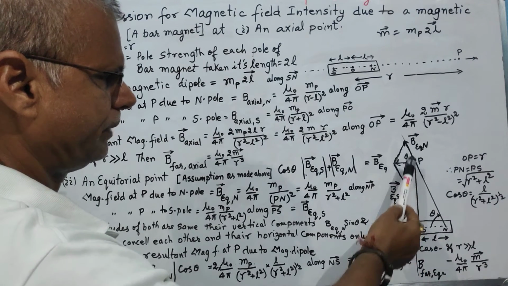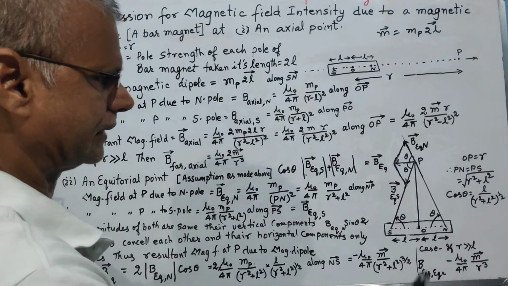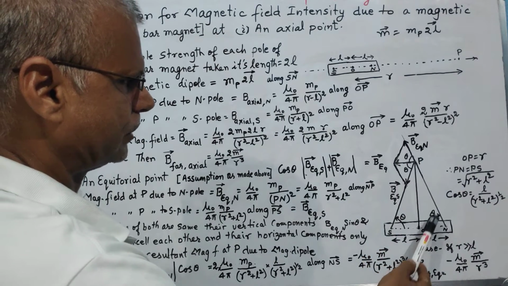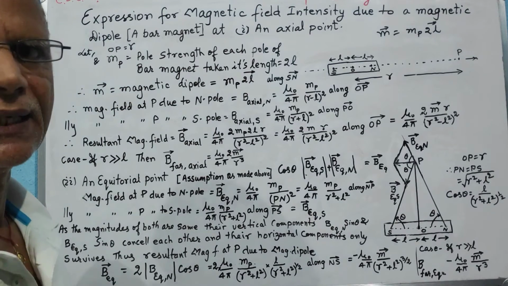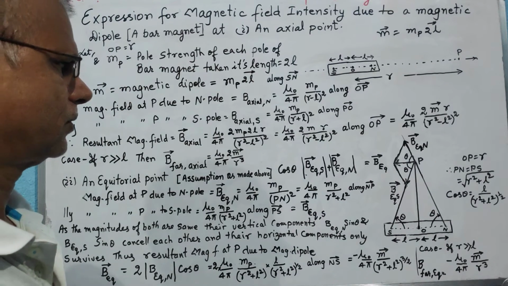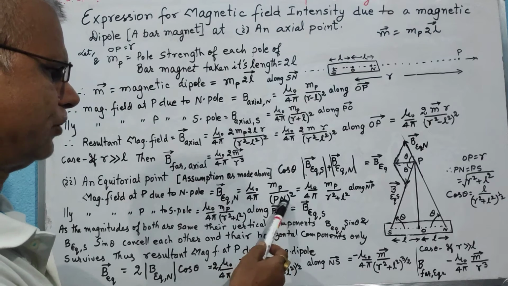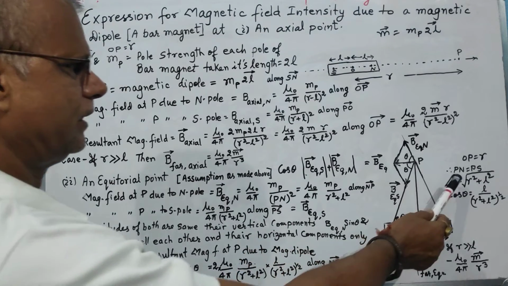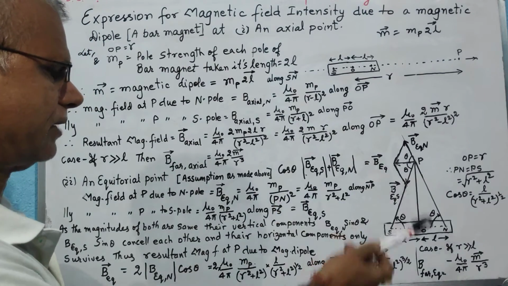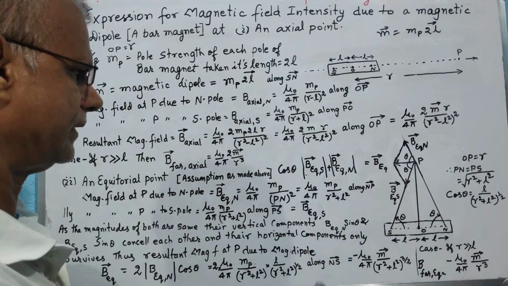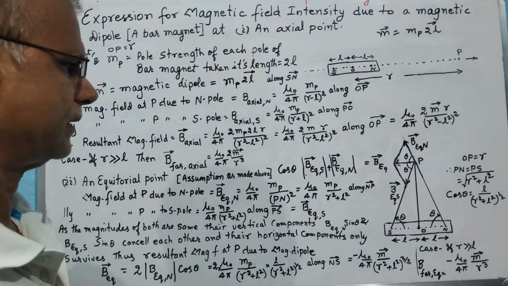This distance OP is r and ON is l. So PN is the square root of r square plus l square. That is how we find the length of the hypotenuse. So we place the value of PN square there, and when we square this, the root vanishes and we are left with r square plus l square.